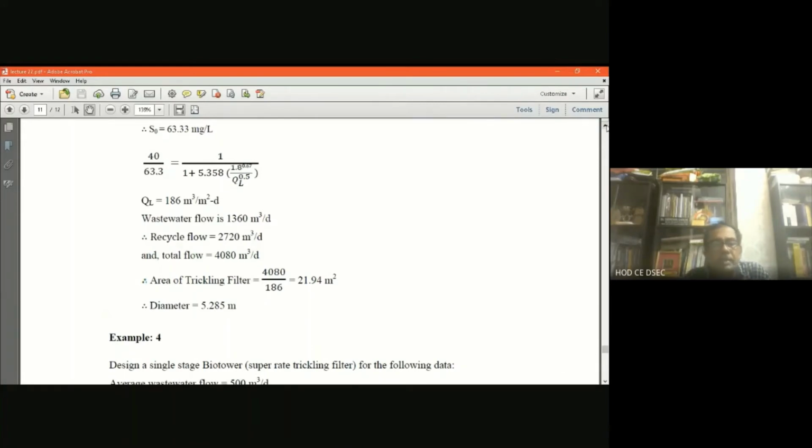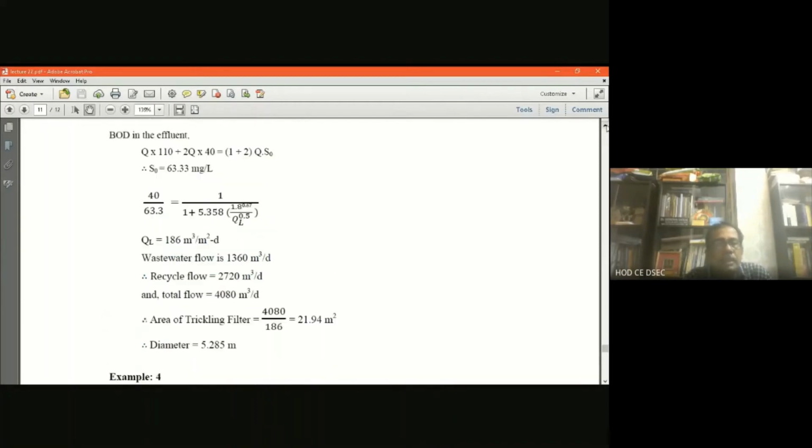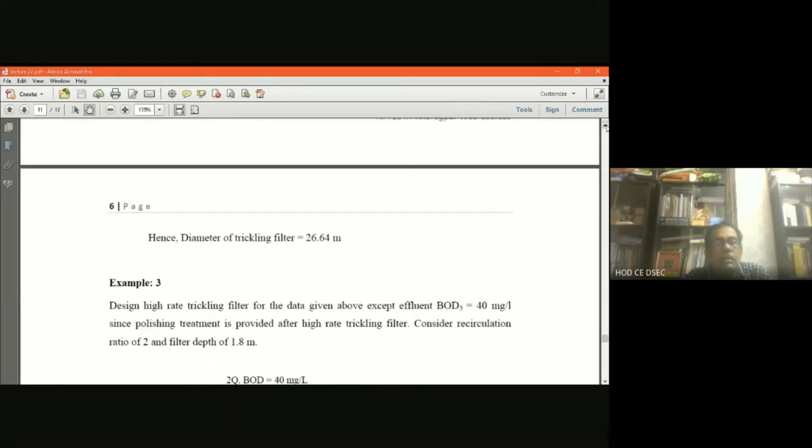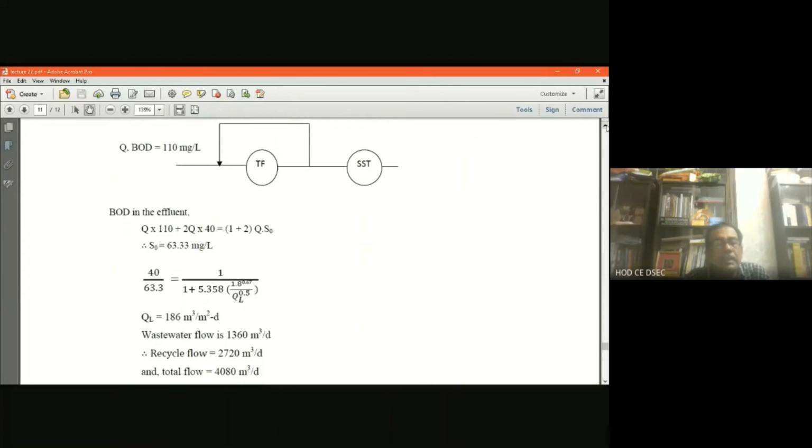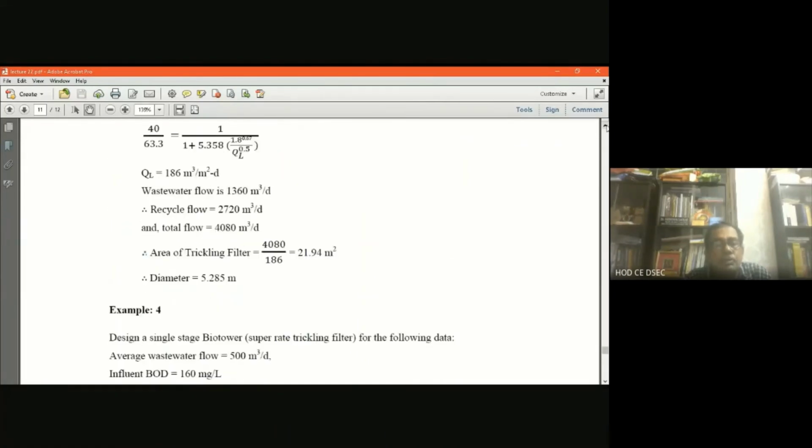So the loading rate is more, so the denominator is more, and the area is less compared to the earlier one. In the low rate trickling filter we found a diameter of 26.64, but here we found 5.285, because the area of the trickling filter is less in the case of the high rate trickling filter.